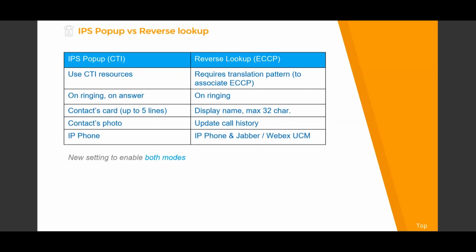For Jabber, when we connect Jabber to our server, it also does the reverse lookup. And it's possible to select the two modes at the same time to benefit from both features.